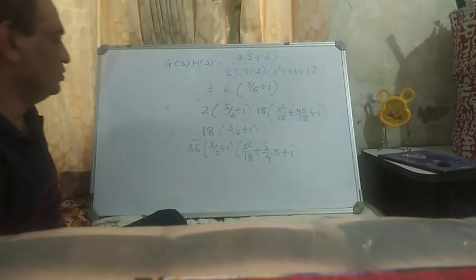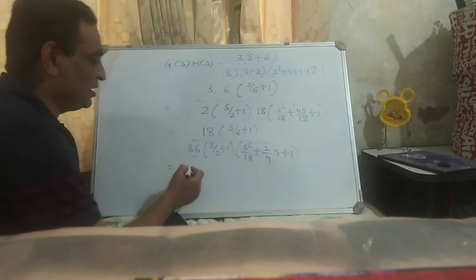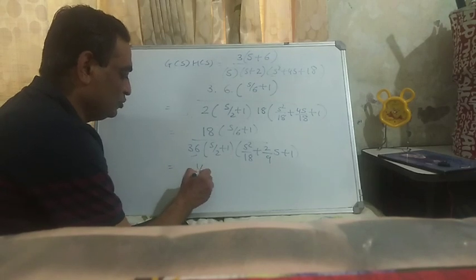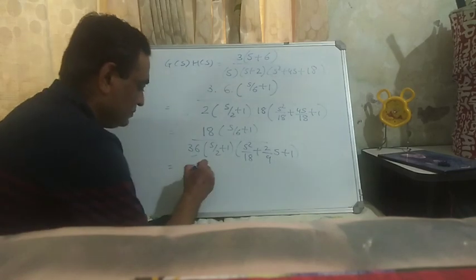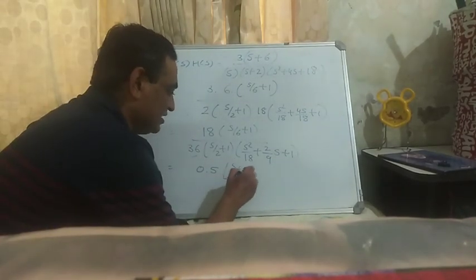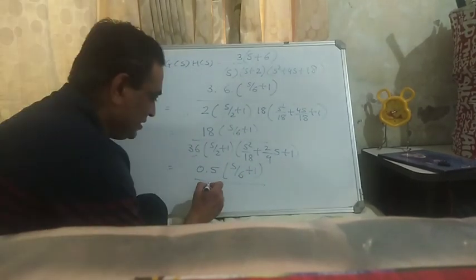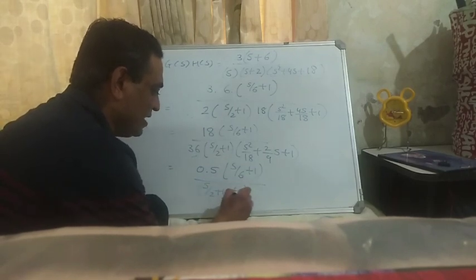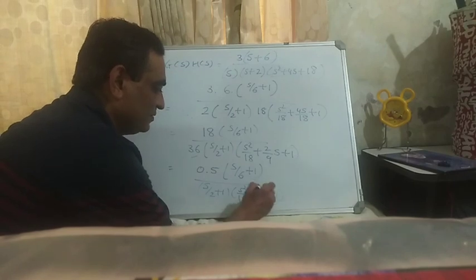So you put this 36 on the denominator. 18 by 36 is 1 by 2, or you can say 0.5. So 0.5 times (s by 6 plus 1) divided by s times (s by 2 plus 1) times (s square by 18 plus 2 by 9 s plus 1).